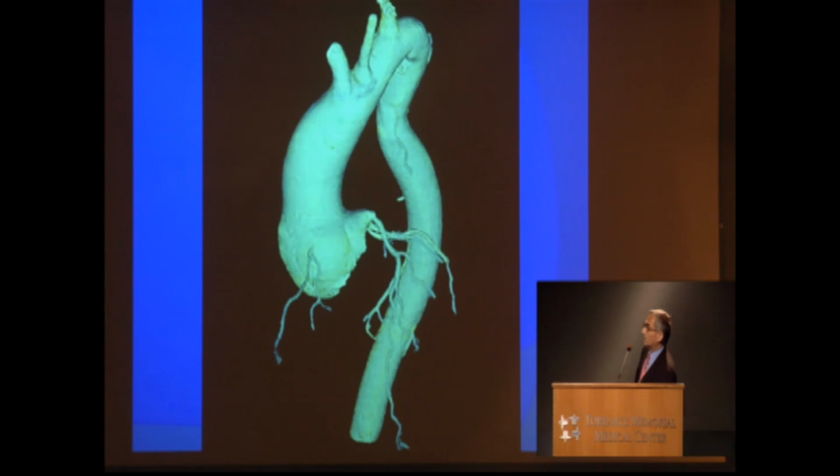The ascending aorta dilates and forms an aneurysm. As it reaches the aortic arch, you can see the dilation slows down because inherently the aortic arch is in a much stronger position. And in this particular image, you can see that the aortic arch is elongated.